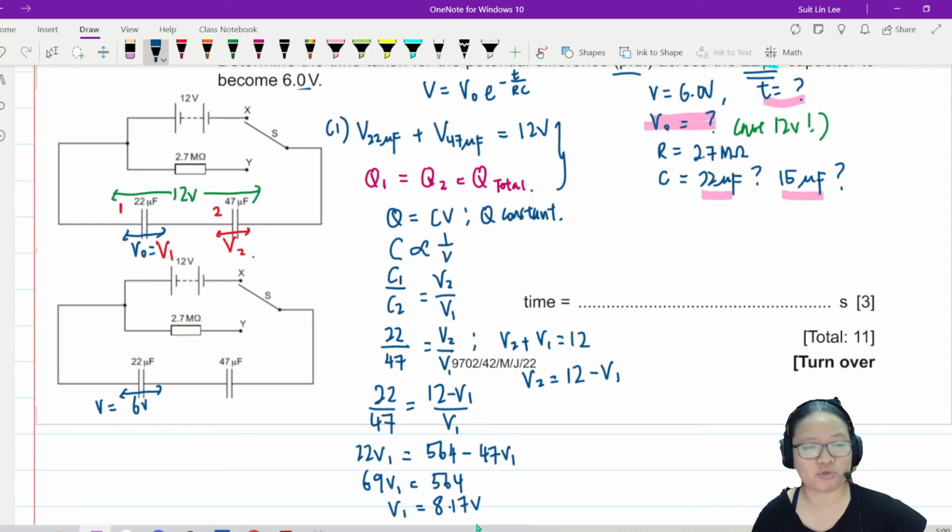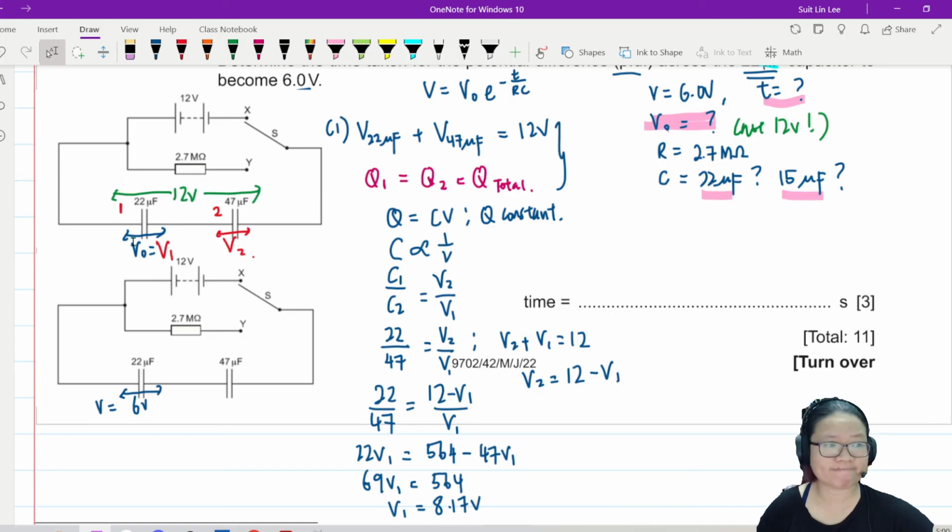So there are many ways to do this, but the whole point here is you want to find the potential difference because they are sharing the potential difference. V1 plus V2 is 12. This is the first identity that we need to think about.